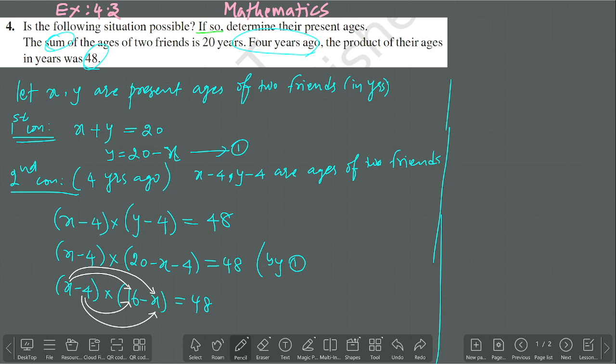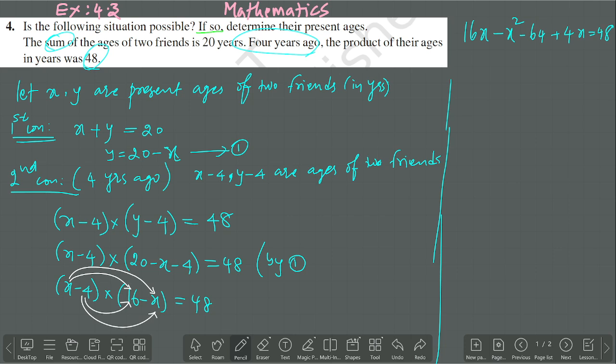Shall we do it? x into 16 is 16x, x into minus x is minus x square. Next, minus 4 into 16 is minus 64, minus 4 into minus x is plus 4x, which is equal to 48.